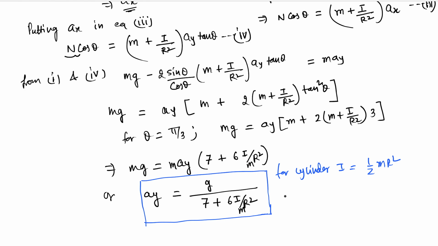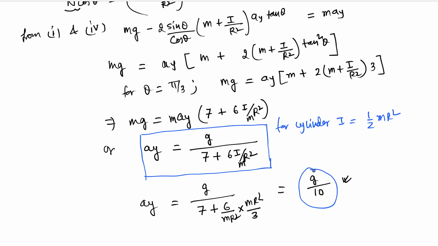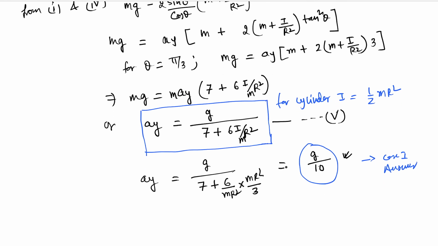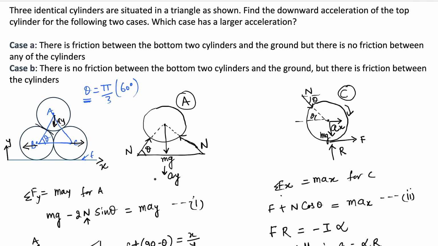Then ay will become g by 7 plus 6 by m r square into, which is g by 10, right? That should be the acceleration for the top cylinder in case 1. Keep this also as equation 5. We'll see why. Okay, so this is the solution for case A, where the friction was there between the bottom two cylinders and the ground.